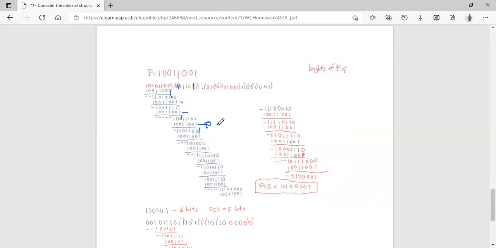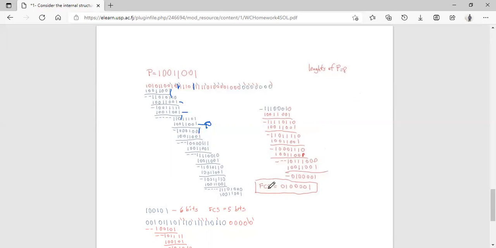Okay? This polynomial has 8 bits, right? So the frame check sequence should be 1 bit less, isn't it? So as soon as we have 7 bits left and no other bits to be carried forward, we stop. So in this particular case, we stop at this particular bit.